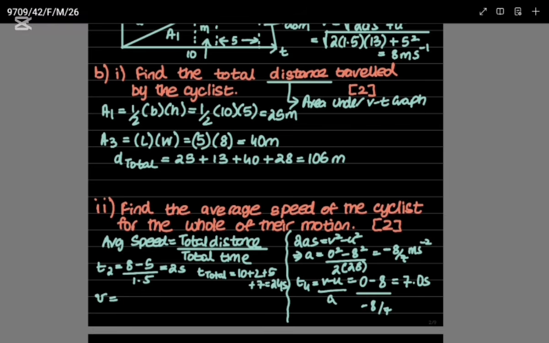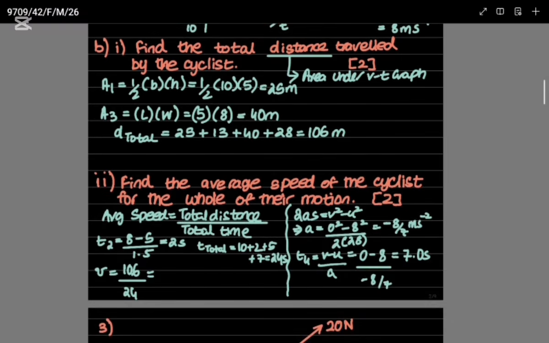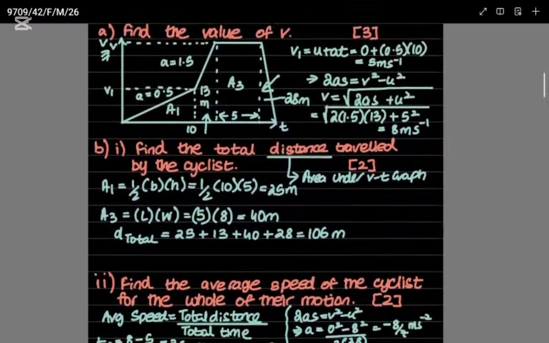This is the total distance, which we found out to be 106, over the total time taken, which is 24. To three significant figures, this is 4.42 meters per second. Alright, that's it for question number 2.